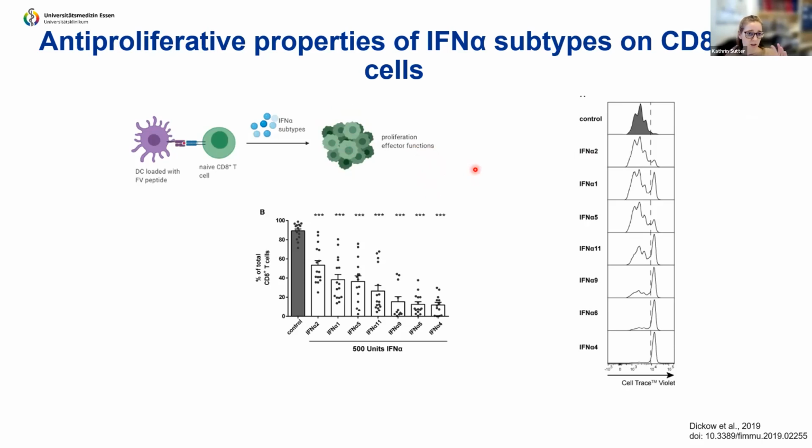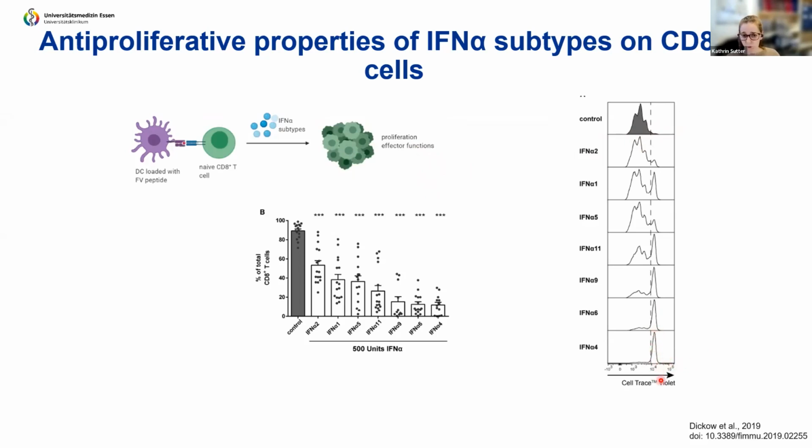And whenever they proliferate, so they divide, they give half of the dye to their daughter cells, and when they proliferate, they again give half of the dye to their daughter cells. And so when you look via flow cytometry, this is how it looks when cells are not proliferating.